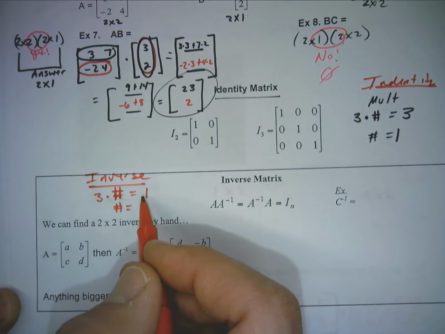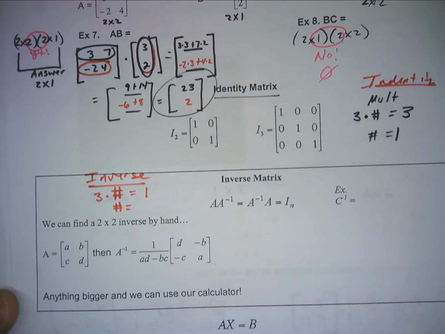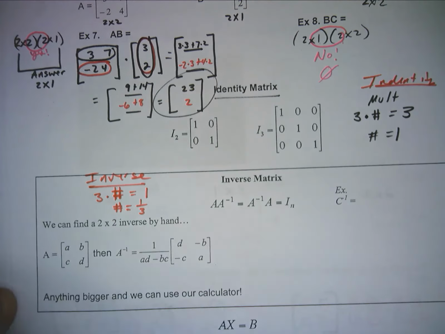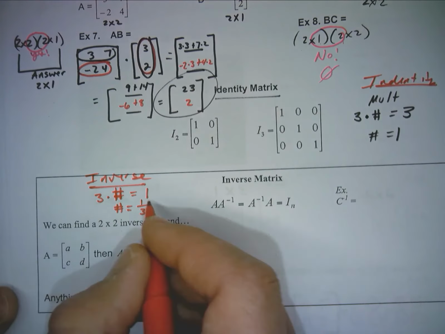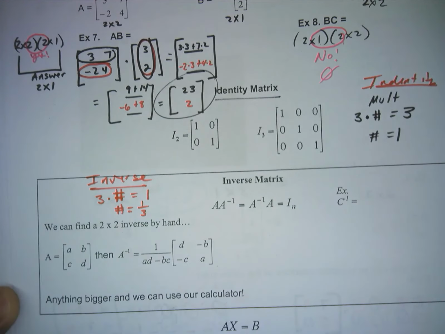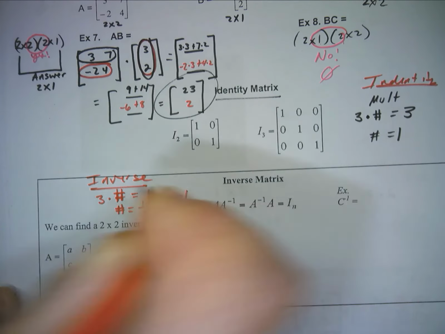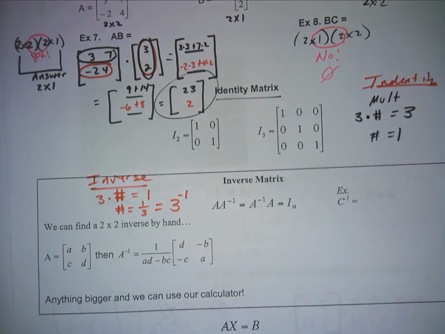3 times a number equals 1, so that number has to be what? 1 over 3, right? 1/3, right? I divide over the 3. This is called the inverse of multiplication, so very good. Another way to write that is 3 to the negative 1 power. Okay?